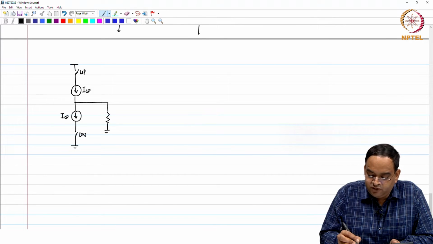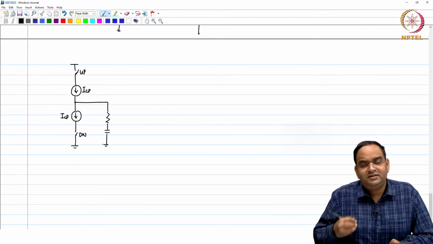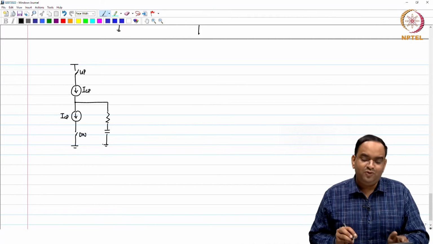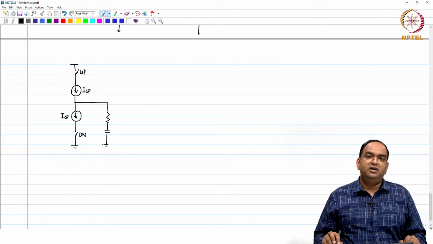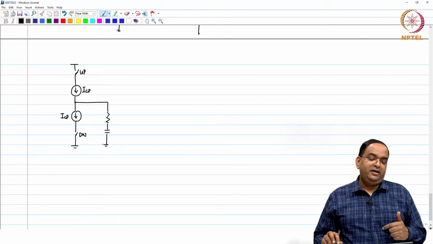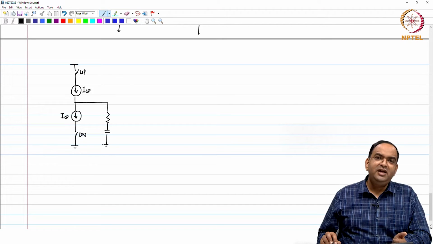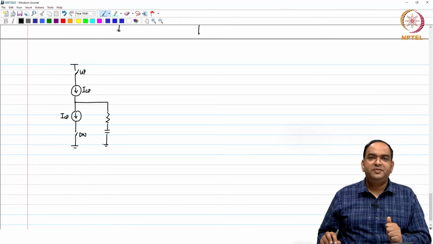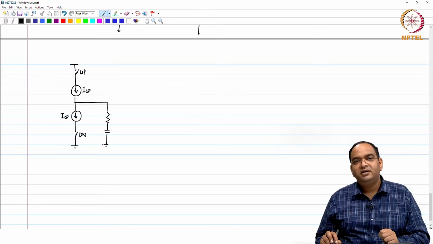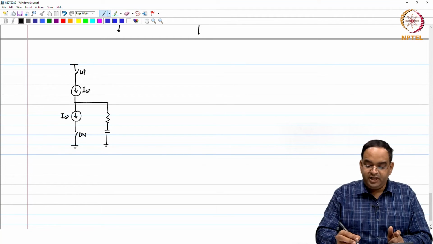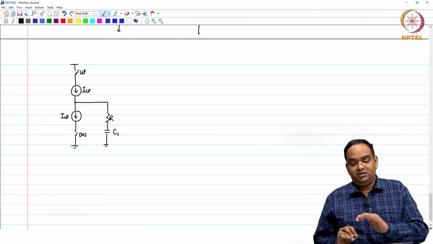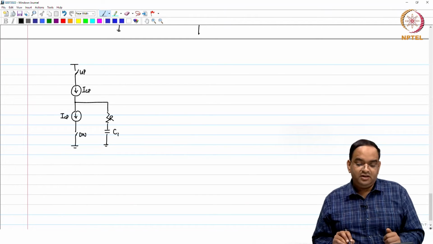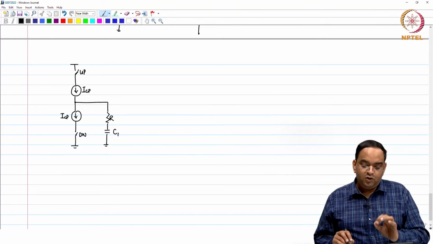Why am I using this loop filter? We will see it later, but assume that this is the loop filter which we have right now. Earlier you can recall that we need an integrator. So, the capacitor is playing the part of an integrator. We need the proportional path. So, here the resistor is playing the part of the proportional path. Okay. That is how we came up with this simple loop filter.